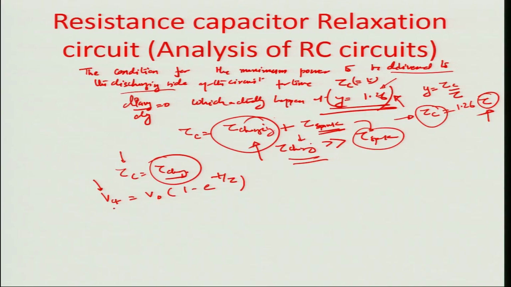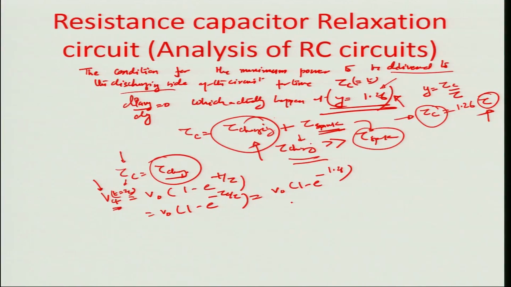So in this case, the Vct at the point of time corresponding to t equal to Tc, the charging time, is going to be equal to V0 times 1 minus e to the power of minus tau c by tau, or V0 times 1 minus e to the power of minus 1.26.